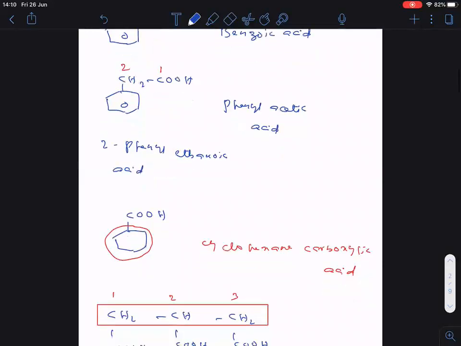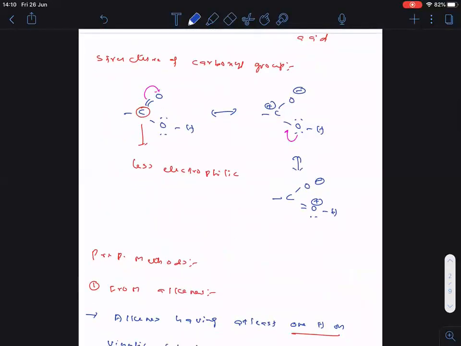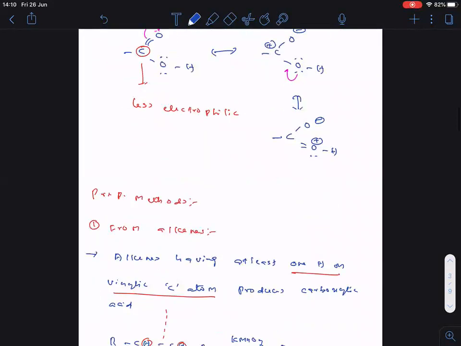Okay, and this is the third page. And here I started the preparation methods.